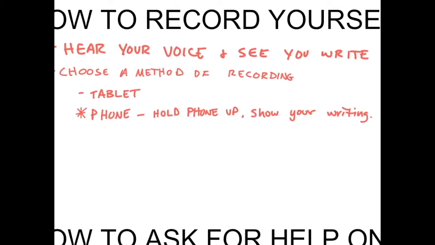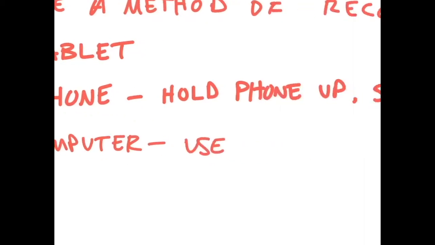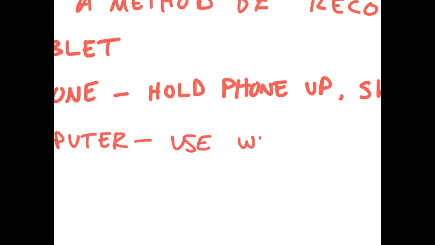The other thing that you can do is use your computer. Your computer has a webcam, so you can use your webcam and a whiteboard. And what I'm noticing is that some of you have already taken one of my classes and you're familiar with that process.